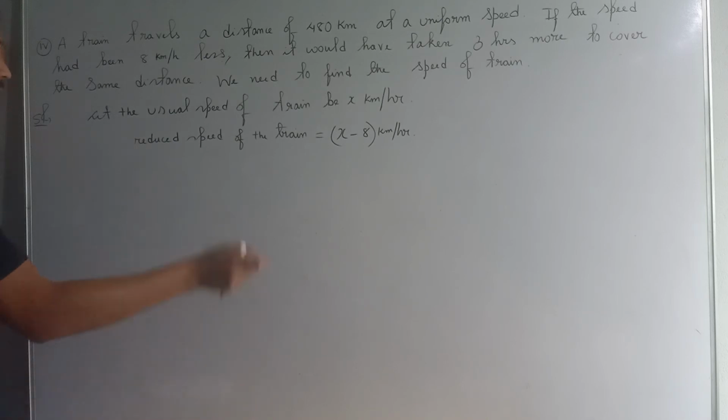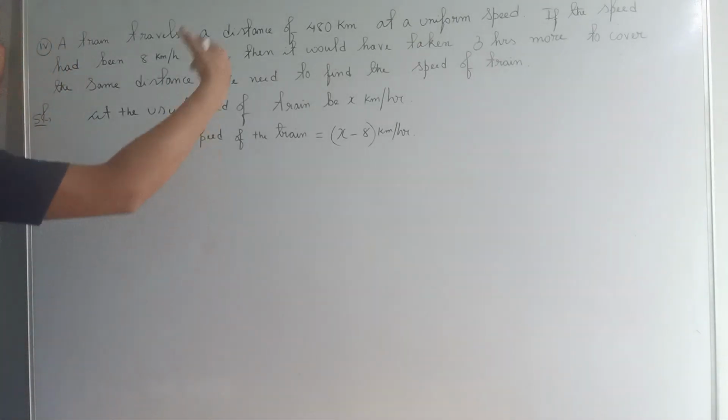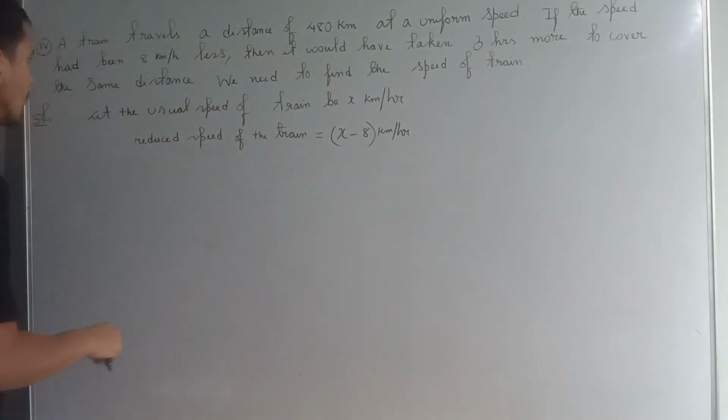Then, if the speed is reduced, the train would take more time, meaning 3 hours more for covering the same distance.